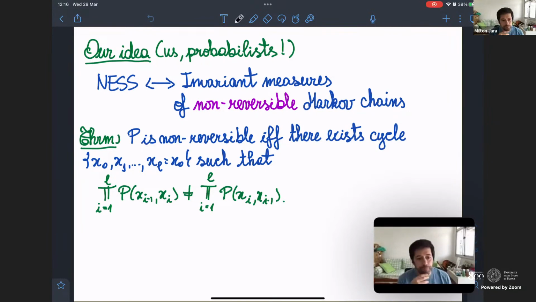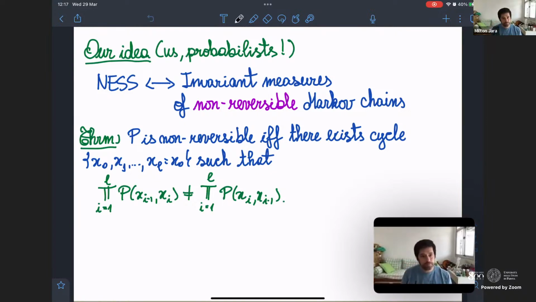There is a theorem which is not that famous, but it's very simple. In particular, I always put it as a question on my exams when I teach Markov chains: a Markov chain is non-reversible if and only if there is a cycle on which the probability of going in one direction of the cycle is different from the probability of going in the other direction.